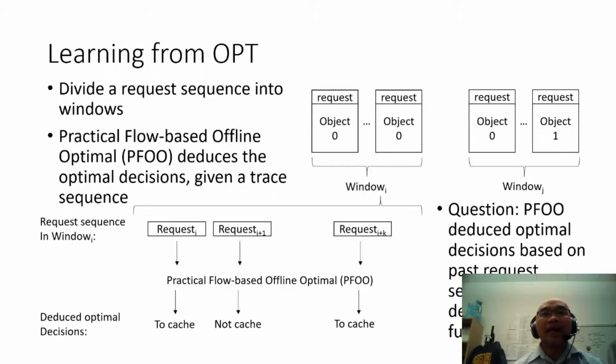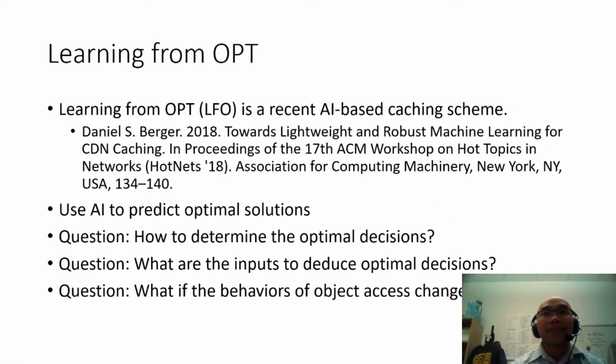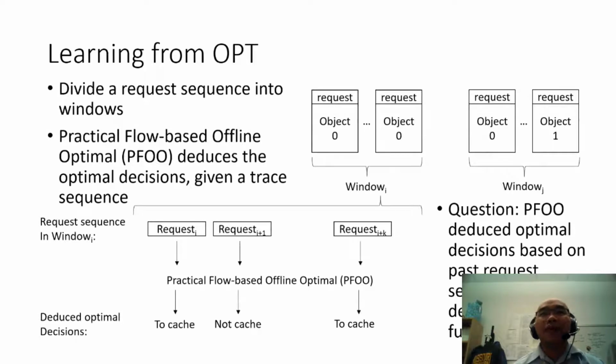The way we deduce the optimal solution is that there are lots of requests. We divide the requests into windows, where each window has a certain number of requests.